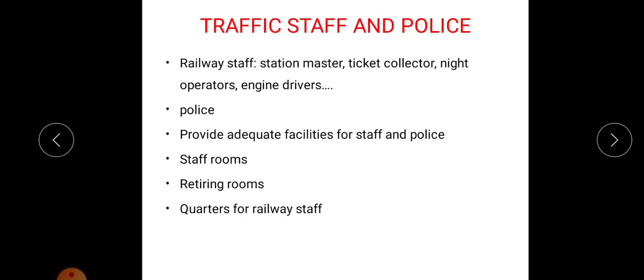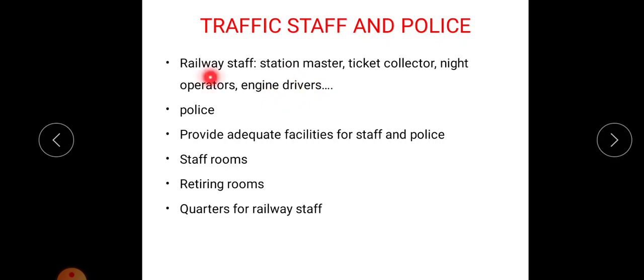Proper arrangements like the staff room, then retiring rooms should be there, then quarters for railway staff should be there. The railway staff can include a station master, a ticket collector, night operator, engine drivers.